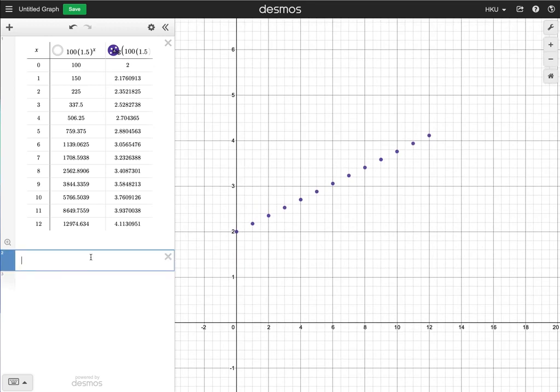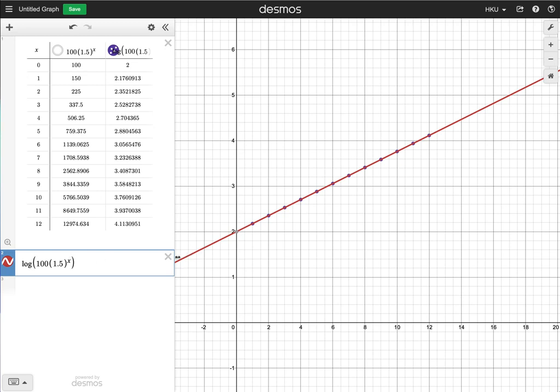And maybe we can look at a little bit more details about the way these purple points are generated. In fact, we are calculating these values, 100 times 1.5 to the power x, right? But the logarithm. So this red line actually shows continuously these values.